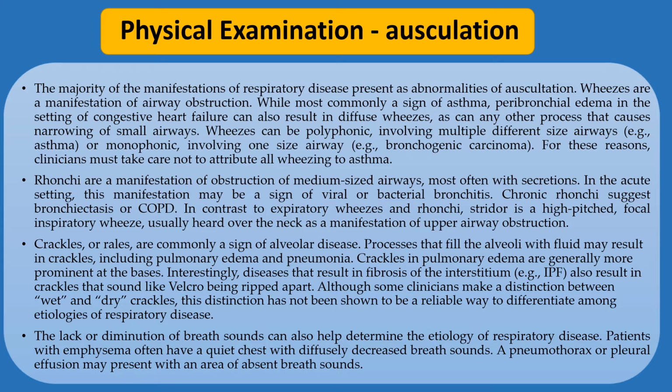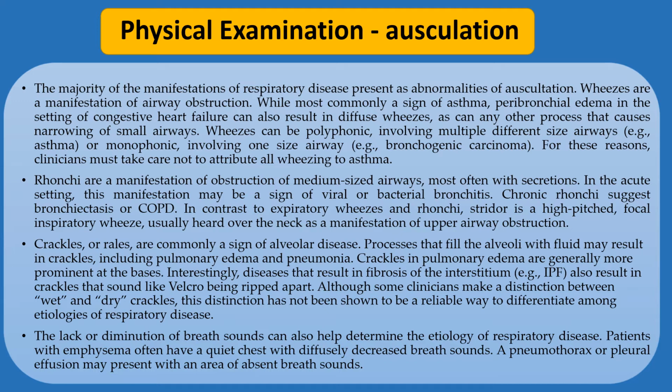The rhonchi are a manifestation of obstruction of medium-sized airways, most often with secretions. In the acute setting, this manifestation may be a sign of viral or bacterial bronchitis. Chronic rhonchi suggest bronchiectasis or COPD.